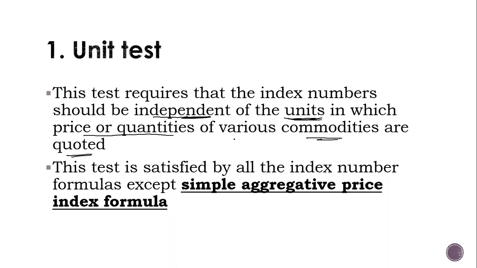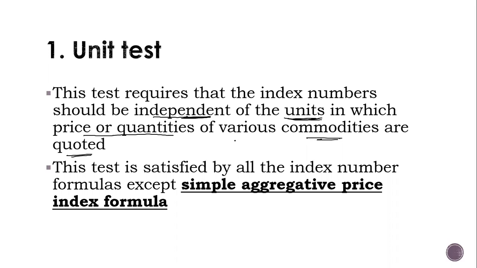So we use various formulas of index number or methods of constructing index number. It should be independent of the units, for both. Not only for the price, not only for the quantity. It should be for both prices and quantities in which they are expressed. Whatever information is given, it should be in an independent unit.